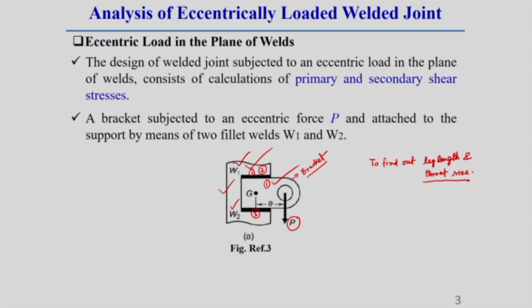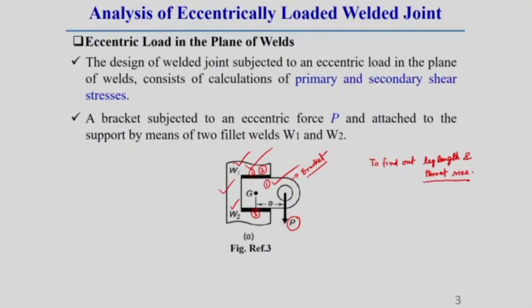Now, in previous cases we observed that if the weld is for a transverse plate or parallel plate, we have already considered throat size to be dependent on leg length, where for leg length we consider the thickness of the plate. From there we found how to find out the length of the weld required to support that load, if it is subjected to transverse or parallel types of load.